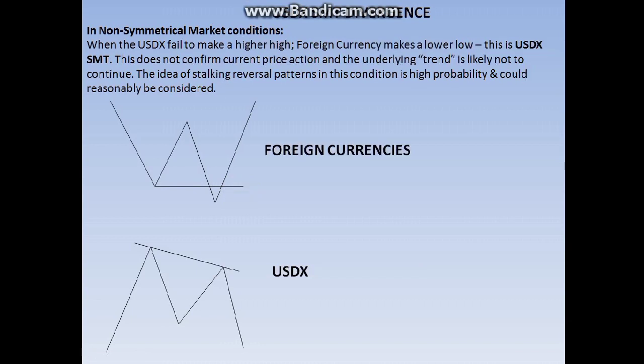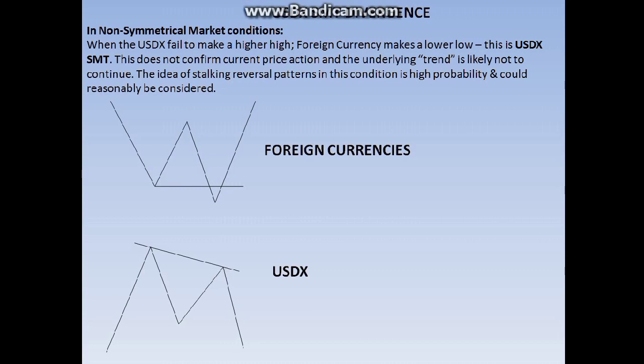So now this is just a flip around of it. When foreign currencies make a lower low, this is the dollar index SMT. In other words, when the dollar index failed to make a higher high, in this case as you can see here, and foreign currency makes a lower low, this is dollar index SMT, USDX SMT.